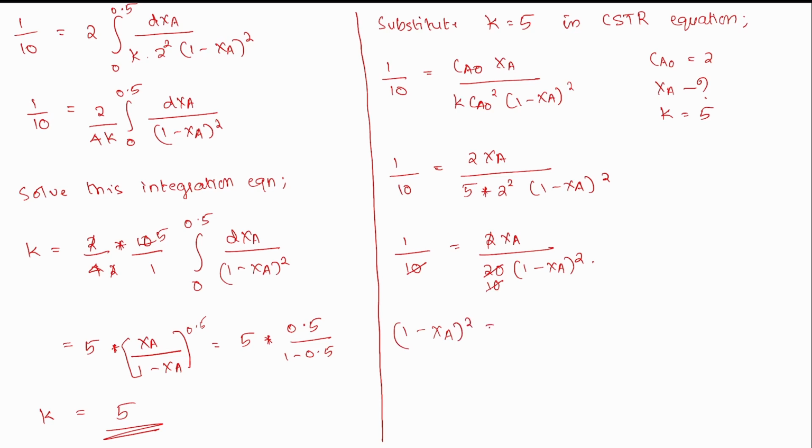So the final equation we get is (1 minus Xa) the whole square is equal to Xa, and rearranging this, we get the quadratic equation 1 minus 3Xa plus Xa square is equal to 0.